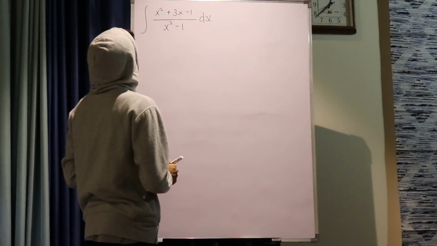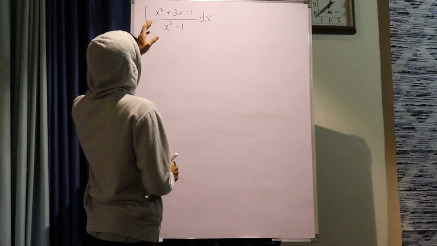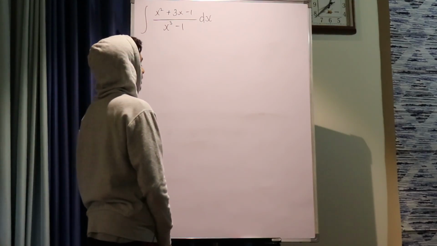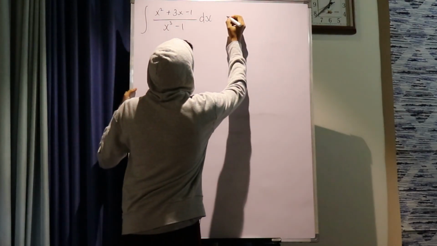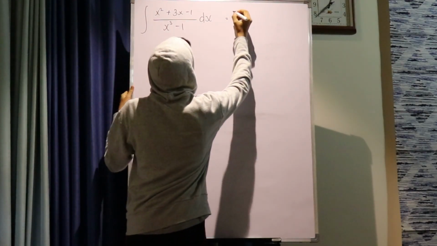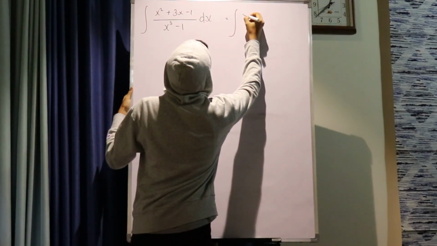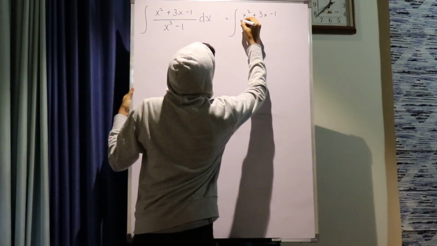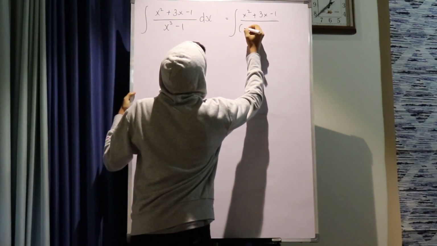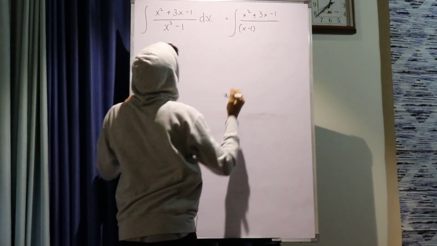Okay, so we notice that the denominator is x cubed minus 1, right? So we can split that into two factors as so. So let's rewrite this integral as x squared plus 3x minus 1 over x minus 1 times x squared plus x plus 1, dx.